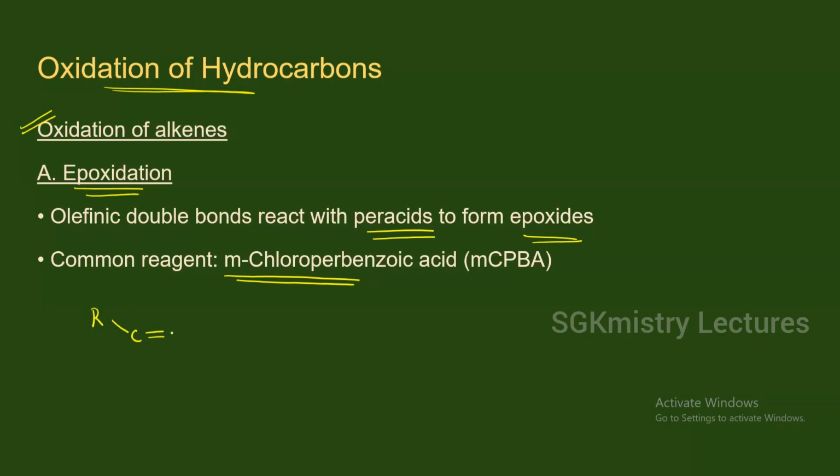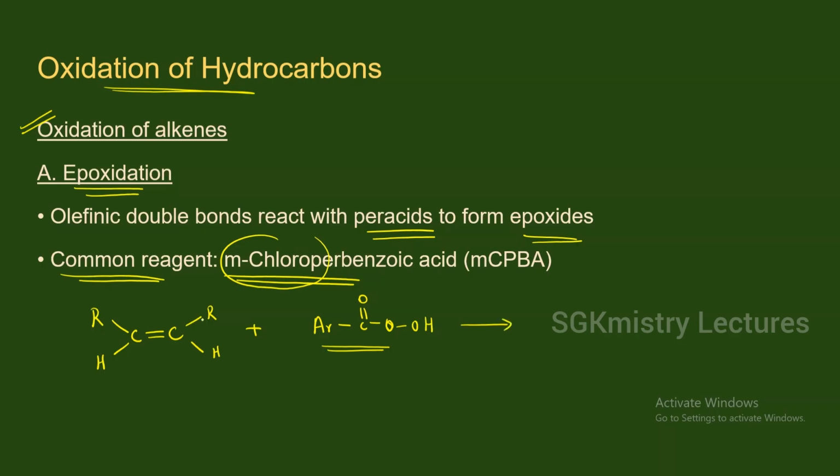So let us take the alkene, C double bond C, I'm just taking the general equation. Now, if I'm going to treat it with ArCOOH, so here we have the perbenzoic acid, right? The common reagent that is used is metachloroperbenzoic acid. Here I'm just taking the aromatic ring, which is having the perbenzoic acid group.